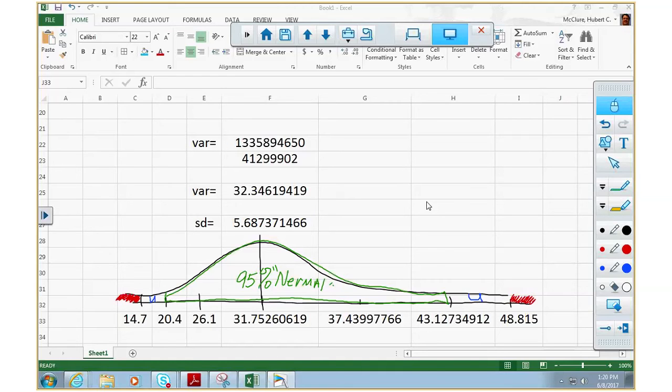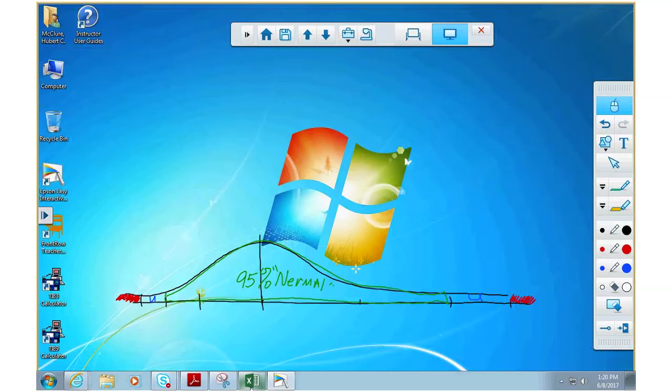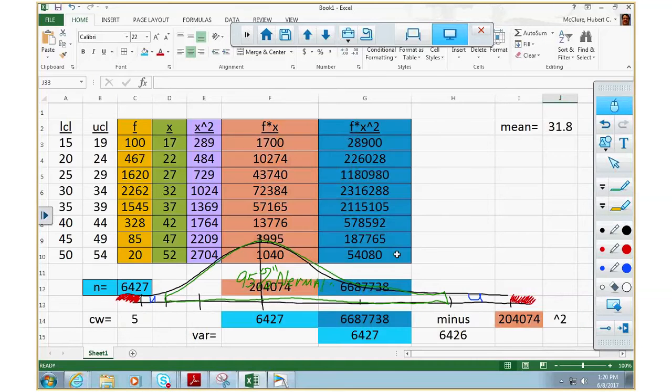That's what you need to be able to do with a frequency distribution. Now, I forgot to do relative frequency. That's not a big deal. I'll go back to the spreadsheet, and I'll do the relative frequency right here.